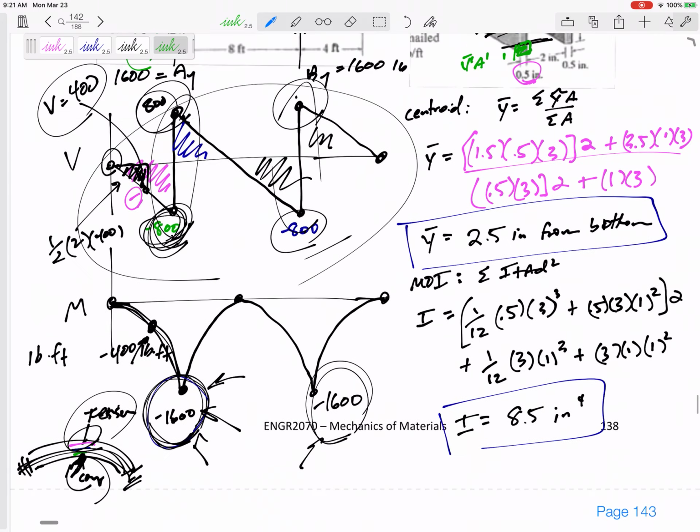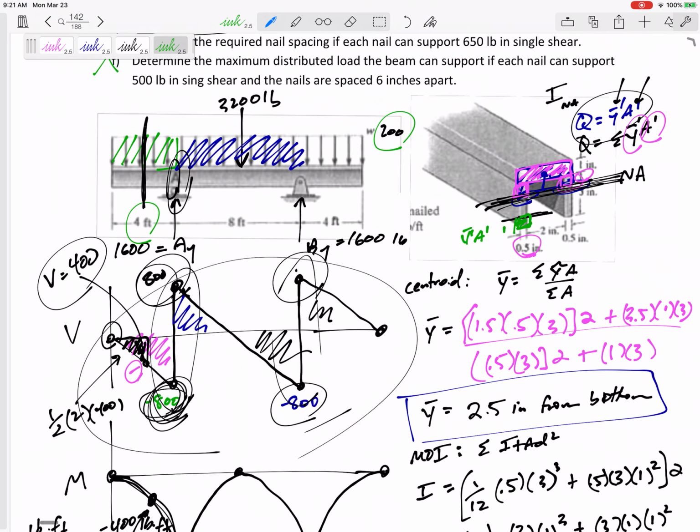And the y bar prime, all right, let's think about this. If my neutral axis is right here, 2.5 from the bottom, I want to know what's happening at 1 inch from the bottom. So I need to go down 1.5 just to get to my point.